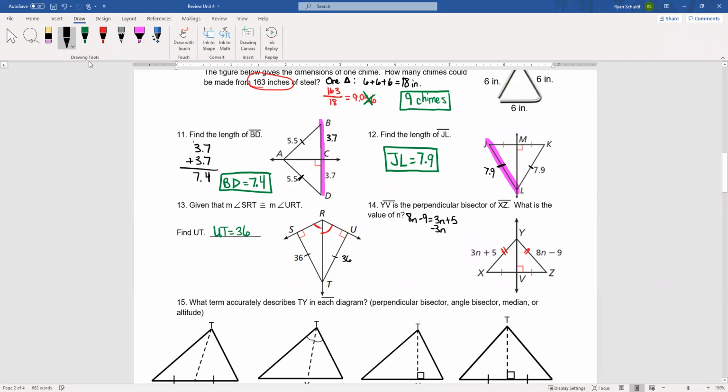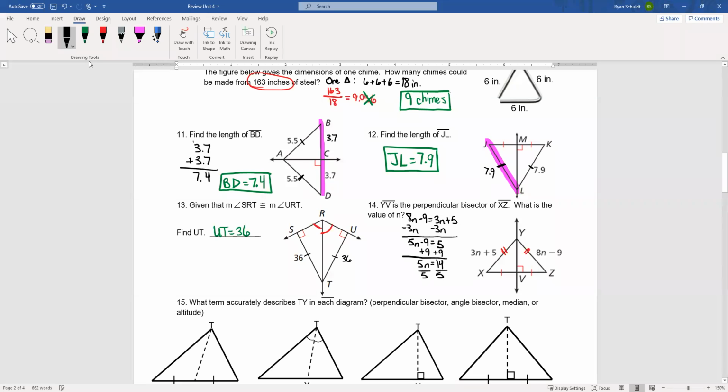Now let's move the 3n over. We're going to get 5n minus 9 equals 5. Add 9. We get 5n equals 14.